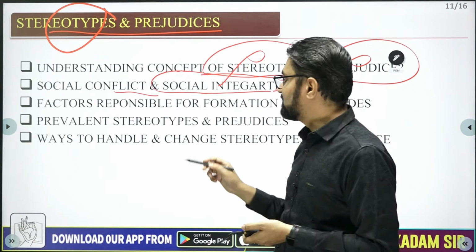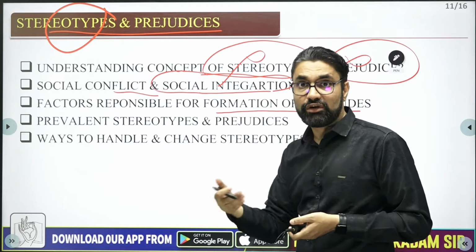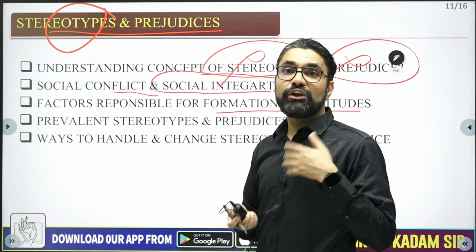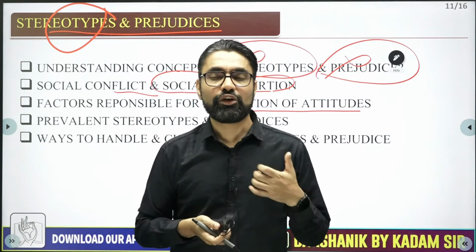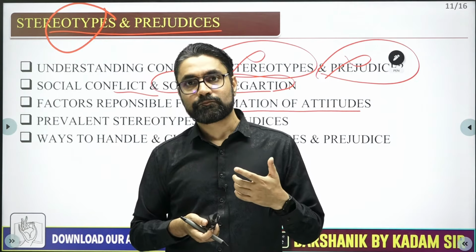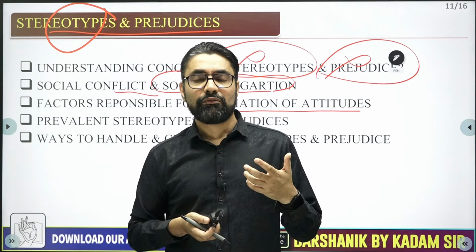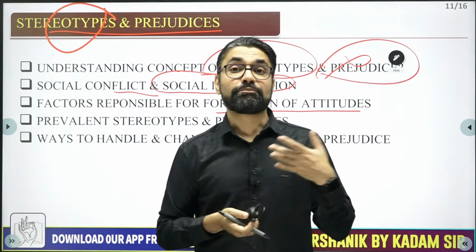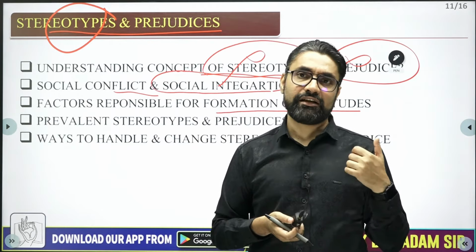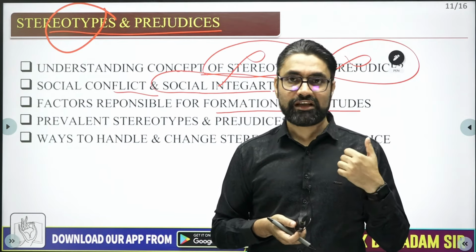Then we'll also discuss factors responsible for the formation of these attitudes, that is stereotypes and prejudices: where we learn stereotypes from, where we learn prejudices from. And there I will give you the core theories of stereotype formation and prejudice formation, where we will discuss Tajfel's theory of identity formation, some personality factors like narcissistic personality, rigid, inflexible personality people being more prone to prejudice formation.